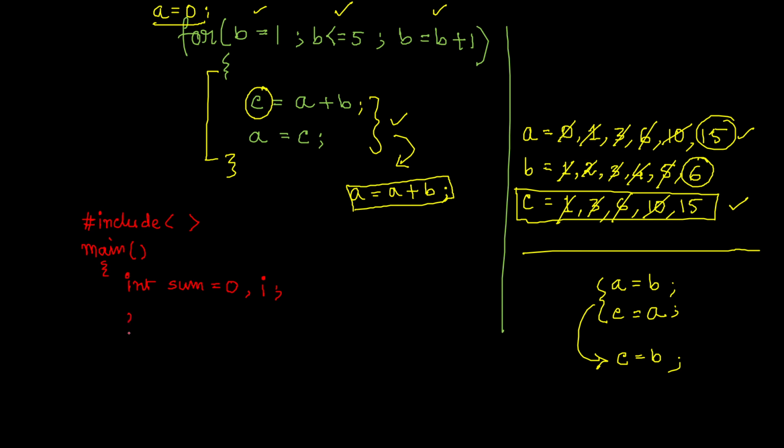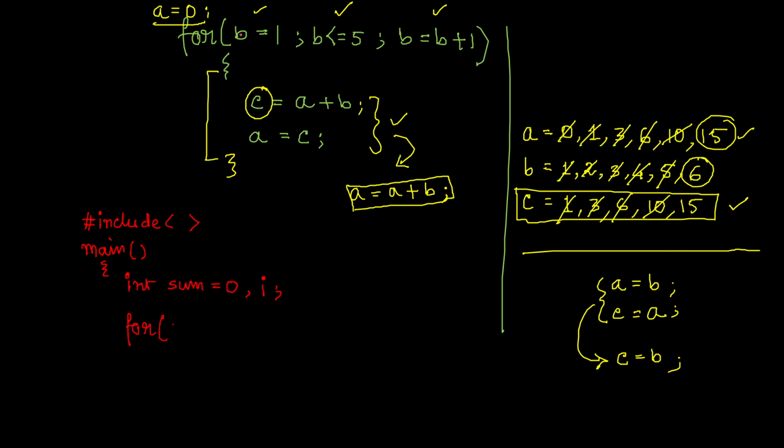So if I write the for loop, I'll write it in this way. So you see, I've taken I, not B. Why? Because generally it is seen that I, J, K, L, this type of variables are mostly used as a loop variable instead of A, B, C.